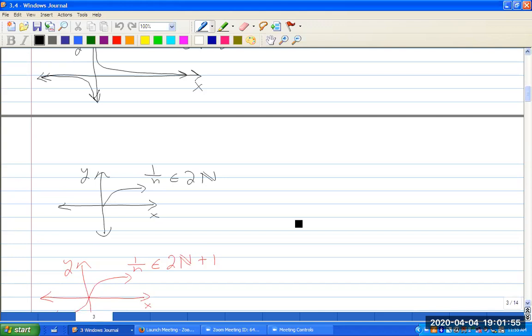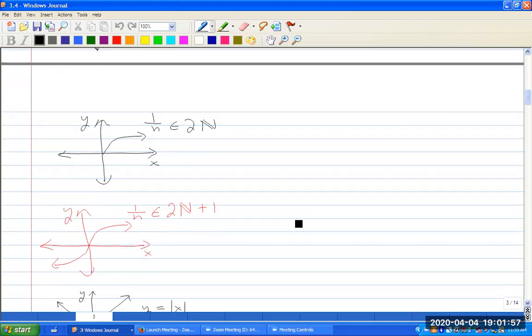Next, suppose I want to sketch the graph of y equals the nth root of x, where of course n is not equal to 1. You can't take the 1st root. And the index is odd. So I take the odd root.